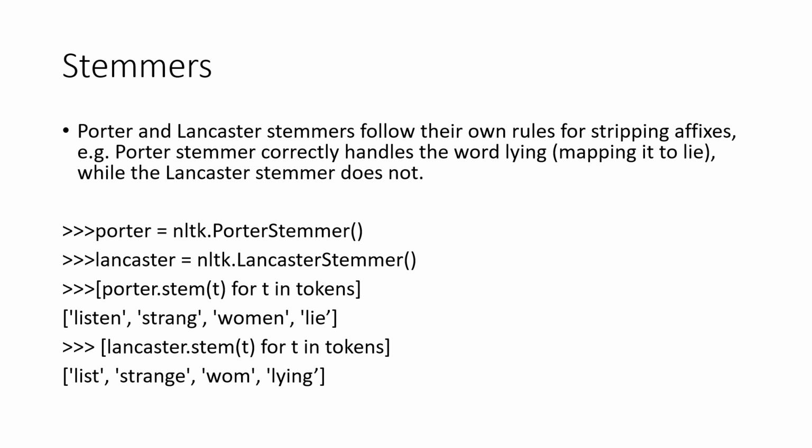In the slide, we can see an example of Python code using stemmers, and we can see some differences in these two stemmers. For example, the Porter stemmer correctly handles the word lying, mapping it to lie, while the Lancaster stemmer does not.